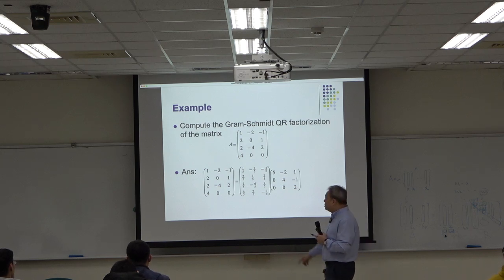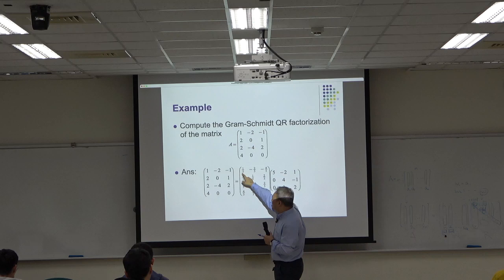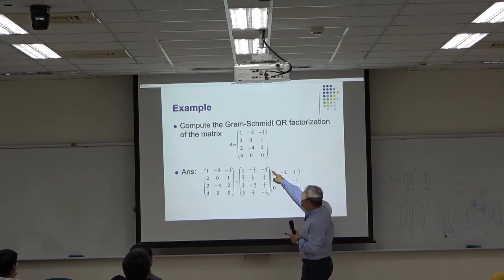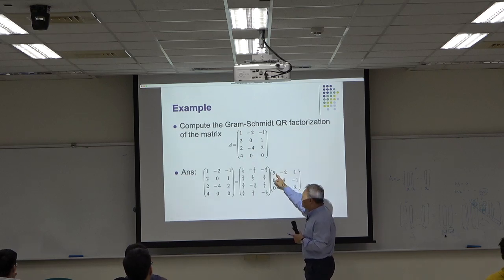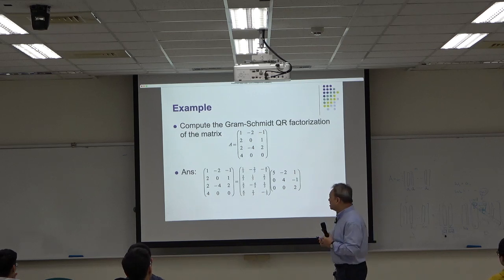So you divide each component by the norm, or length, of this column vector, which is 5. This is the result, and you can see the diagonal component is 5, the length of this column vector.